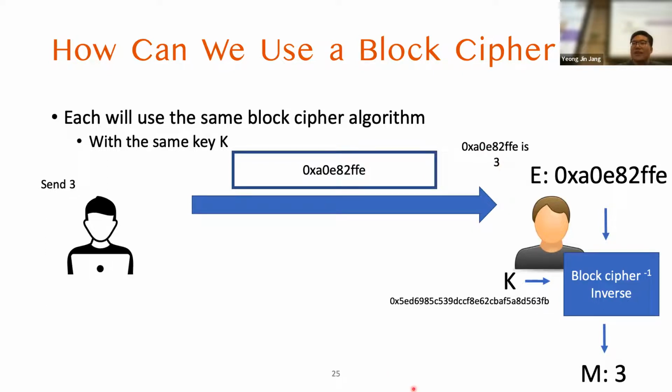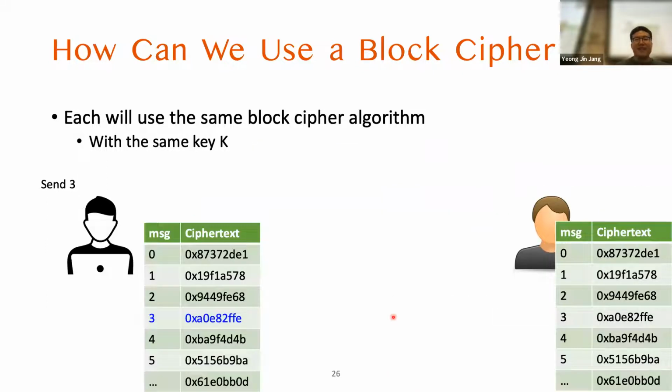Conceptually, although it is an algorithm, we don't have to store a huge amount of data. But having the algorithm and the key means that you can obtain this kind of table of which one maps to which number. Whenever you want to encrypt the 3, there's a corresponding ciphertext you need to send.